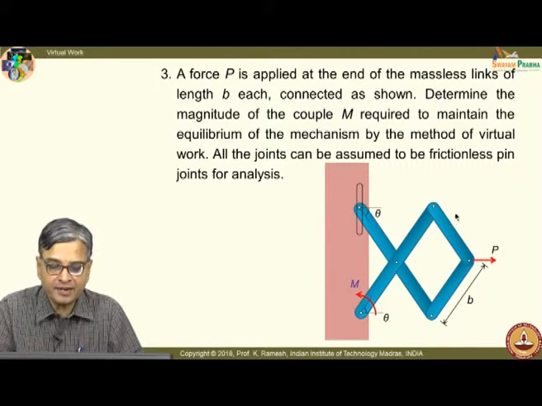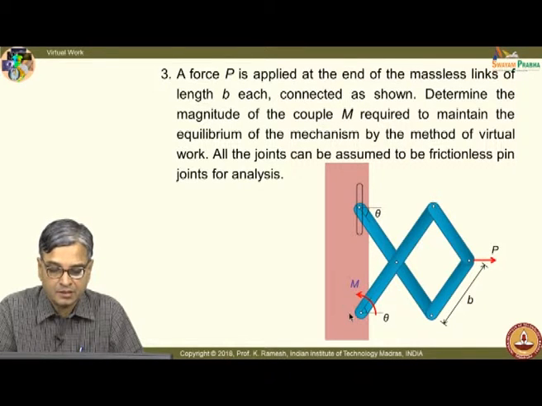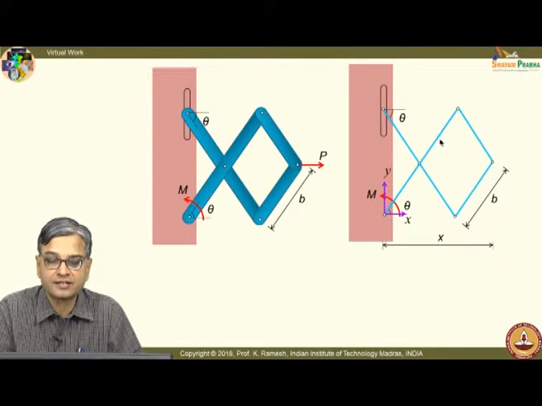And the first step in virtual work is to identify the active forces. Active forces are P and M. And I have the angle theta referred with respect to the horizontal, and make a line sketch of this problem.